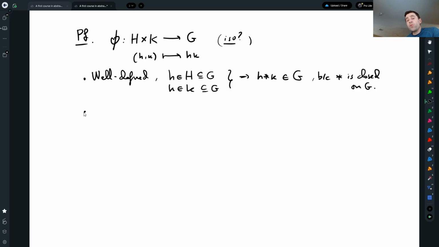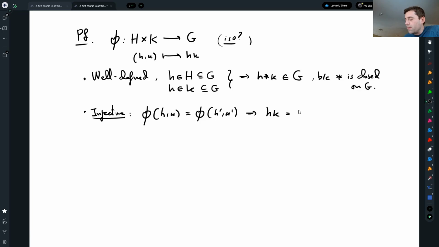Second, I want to prove that phi is a bijection. So let's prove that it is injective, first of all. So suppose that phi of hk gives me the same as phi of h prime k prime. That would say that h times k is the same as h prime k prime. And now I would like to conclude that this pair and that pair are exactly the same.